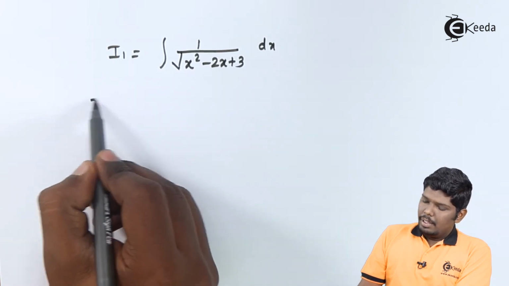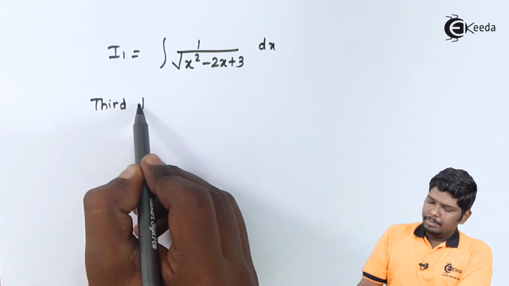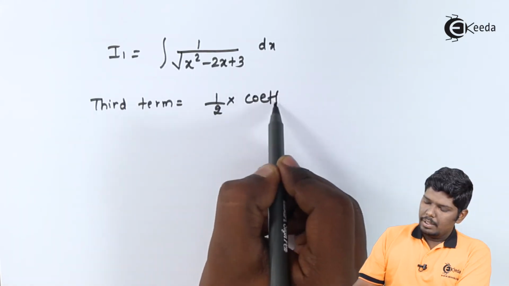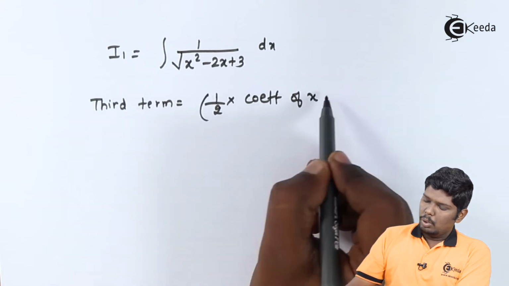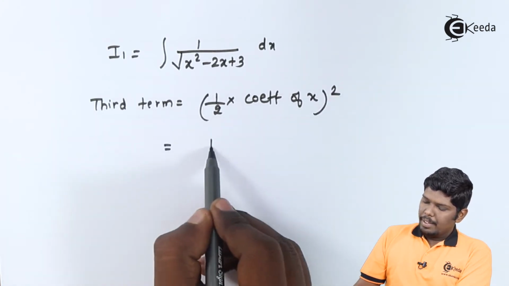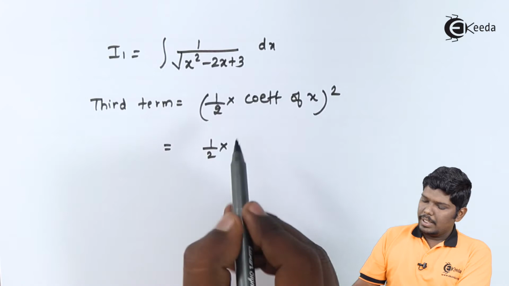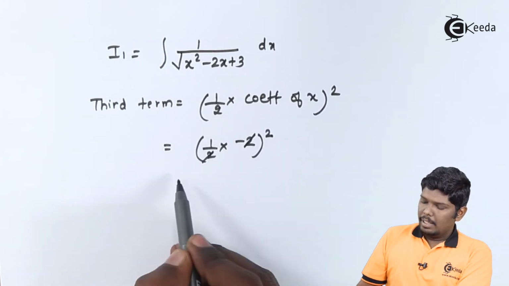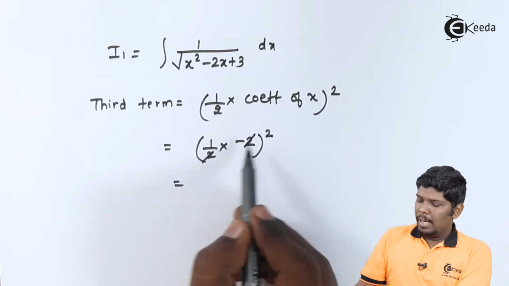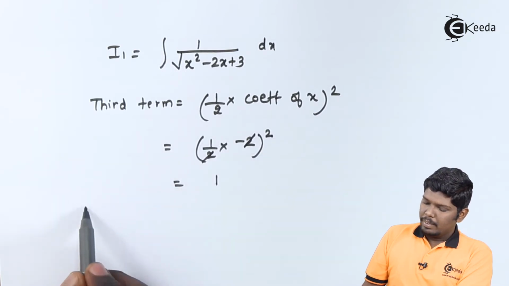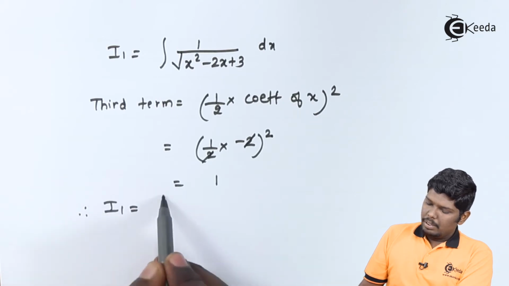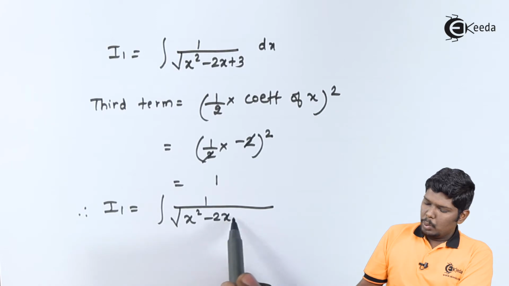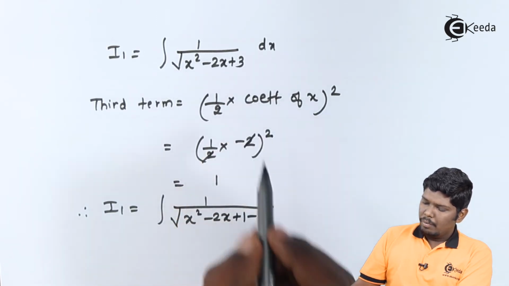Here the value of the third term is half into coefficient of x the whole square, that is half into coefficient of x, which is minus 2, the whole square. 2 will be cancelled and we have minus 1 left, and minus 1 square is plus 1. Therefore I1 will be integral 1 upon under root x square minus 2x plus 1 minus 1 plus 3.